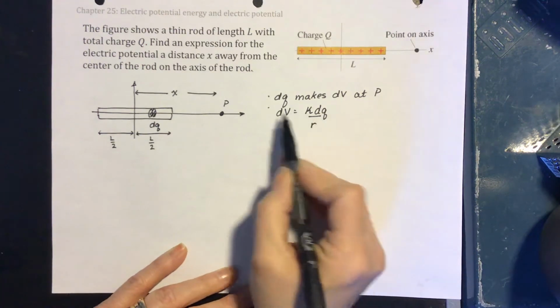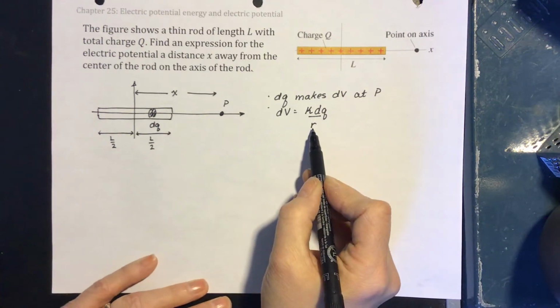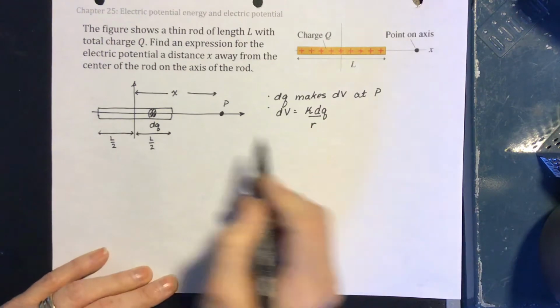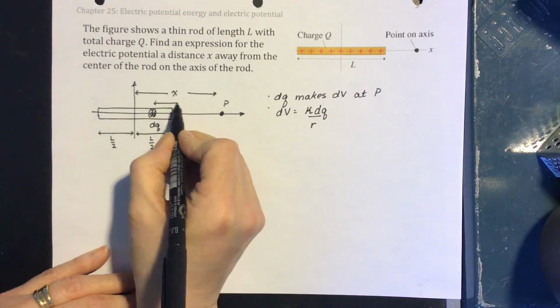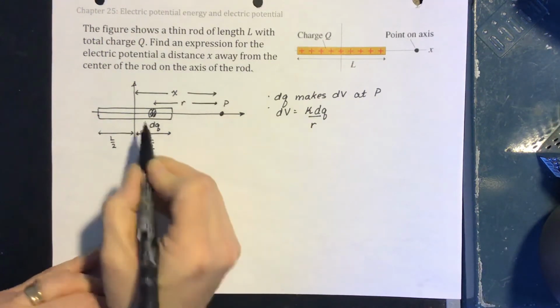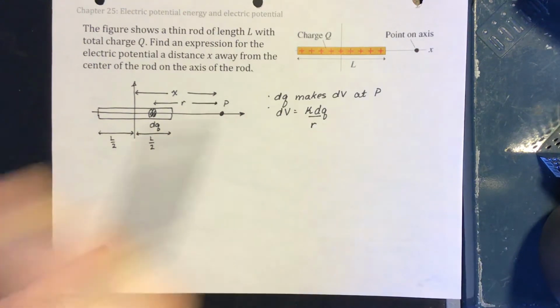So we've put this r in our equation. Let's put r on our diagram. So r is from our bit of charge dq to our point P. Let's deal with this first.